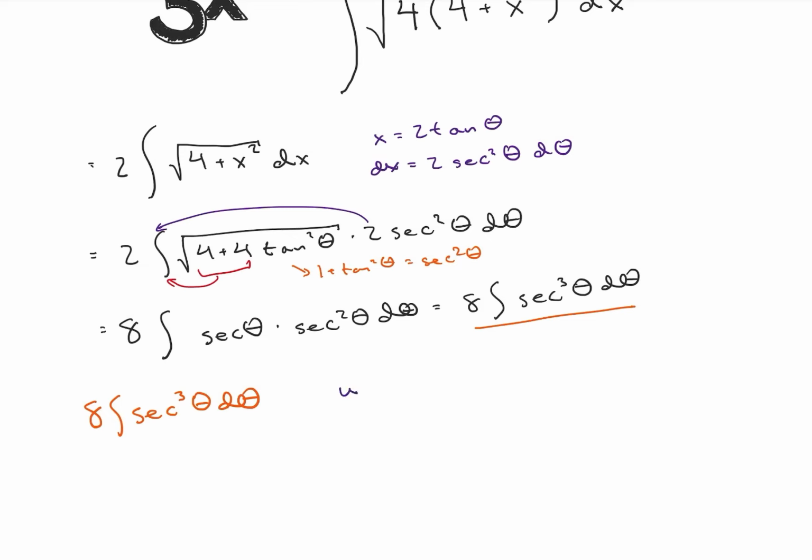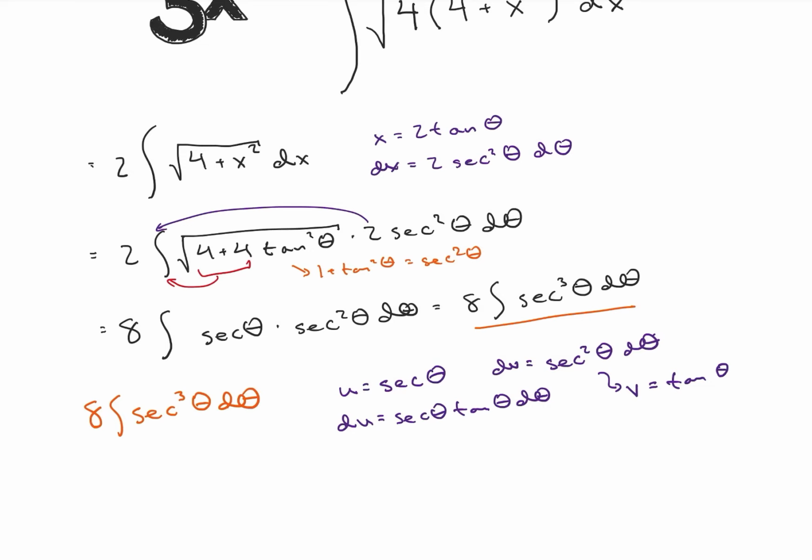If I make u equal to secant of theta and dv equal to secant squared of theta, that gives me my du equals secant theta tangent theta d theta, and this gives me my v is equal to tangent theta. So let's rewrite this.